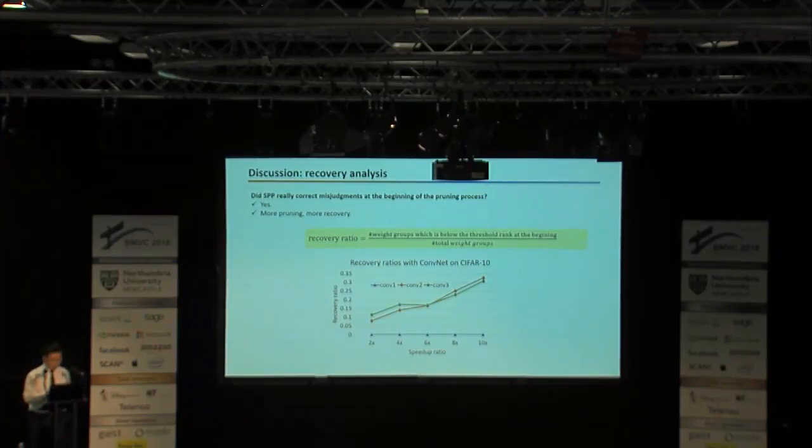Recovery ratio means the number of weight groups which were below the threshold rank at the beginning, over the number of total weight groups. So normally, for different speed up ratios, approximately 10% to 30% of weight groups are recovered finally.